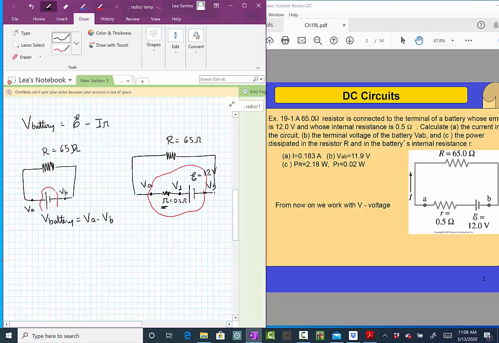As we know, the battery is not going to give us the whole 12 volts, it's going to give us a little less. So the question is: calculate the current in this circuit.